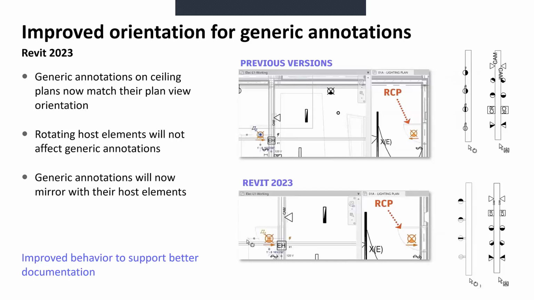So now they've improved that in 2023, where that annotation actually flips with the family as it flips over a wall or is visible in the ceiling or the floor plan. So everything looks the same. Now you're probably going to have to go back through all your families and flip them to be the correct way if they're ceiling based. But now they'll look correct in floor plan and ceiling plan.